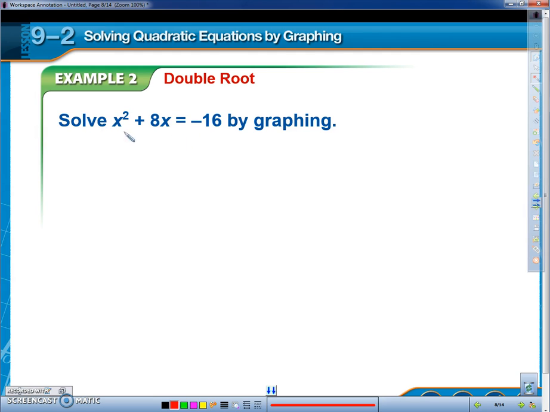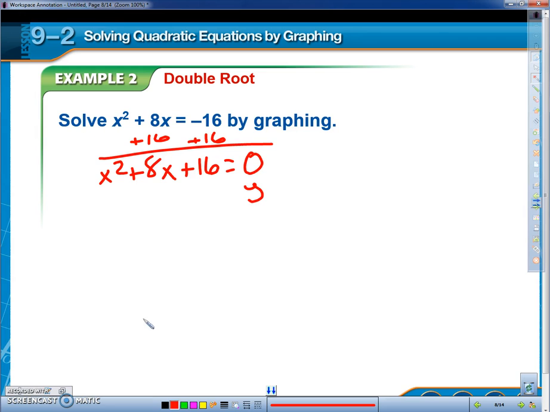All right, solve this one by graphing: x squared plus 8x equals -16. First thing I've got to do is add 16, because I don't want it like that. I want x squared plus 8x plus 16 equals 0, or I could say y.